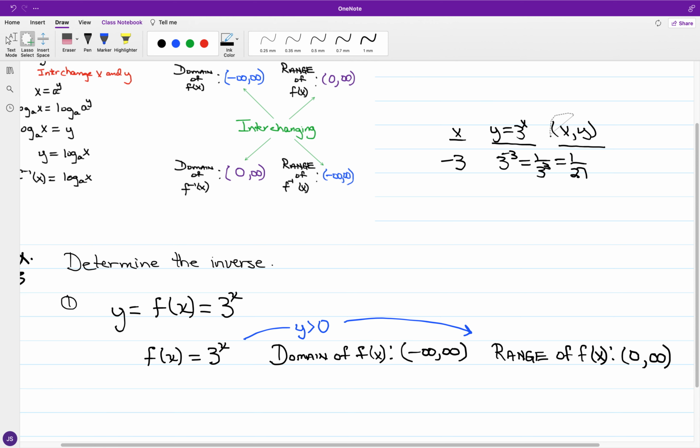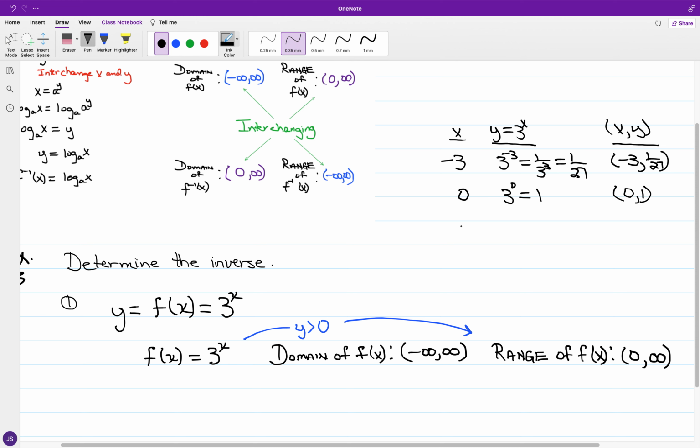It's going to be a small positive number, but still positive. So your ordered pair would be negative 3, 1/27. And say I have x is 0, you have 3 to the 0 is equal to 1. And so your ordered pair in this case would be 0, 1.